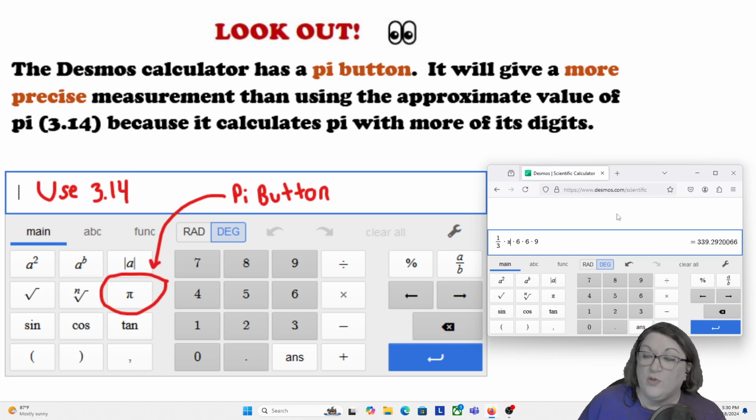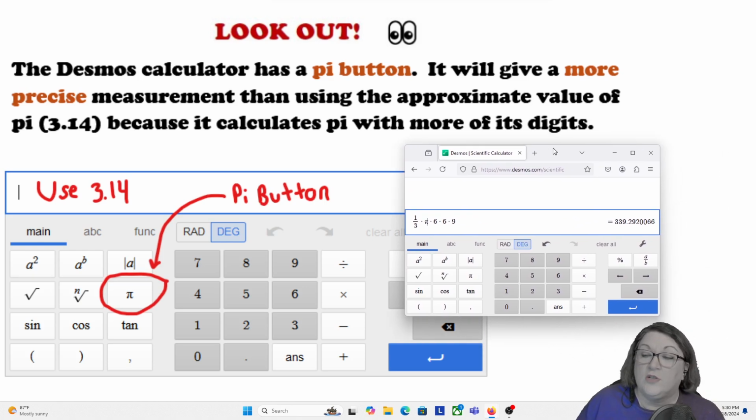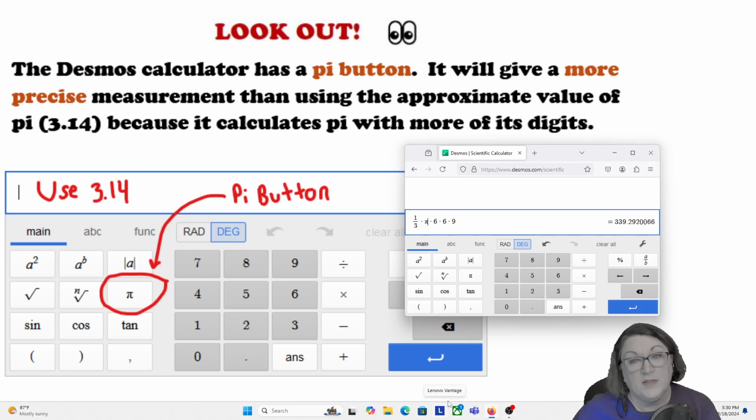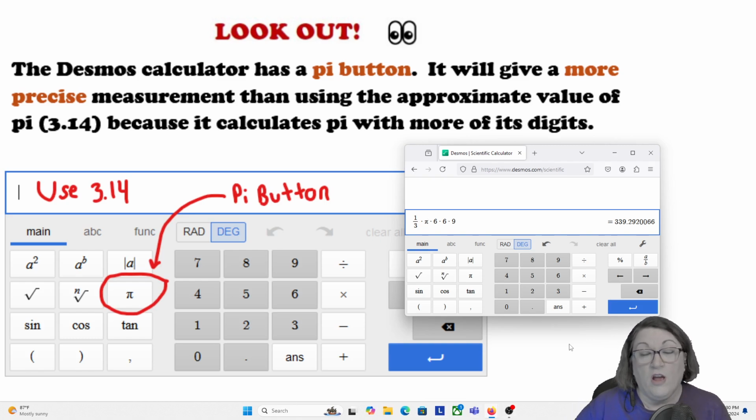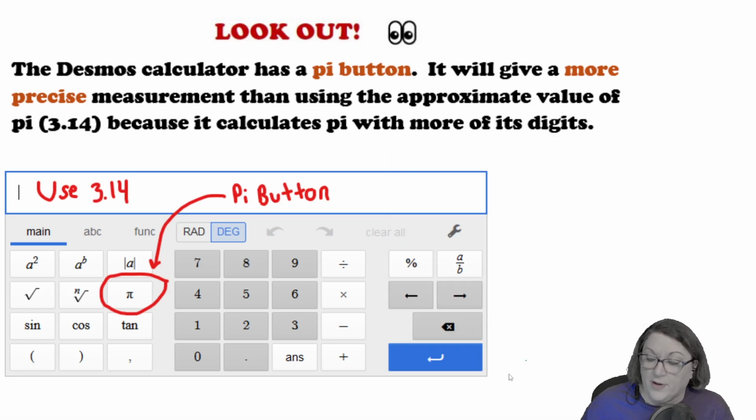So just know that you'll get close answers. So try using 3.14 all the time for your tests and exams, because the state exam will ask you to use 3.14 instead of the pi button. But if you're in a hurry and you just want to click on that pi button to get a roundabout answer, so you can figure out where on the multiple choice it is, that also does work. It'll just be close to the other answer.